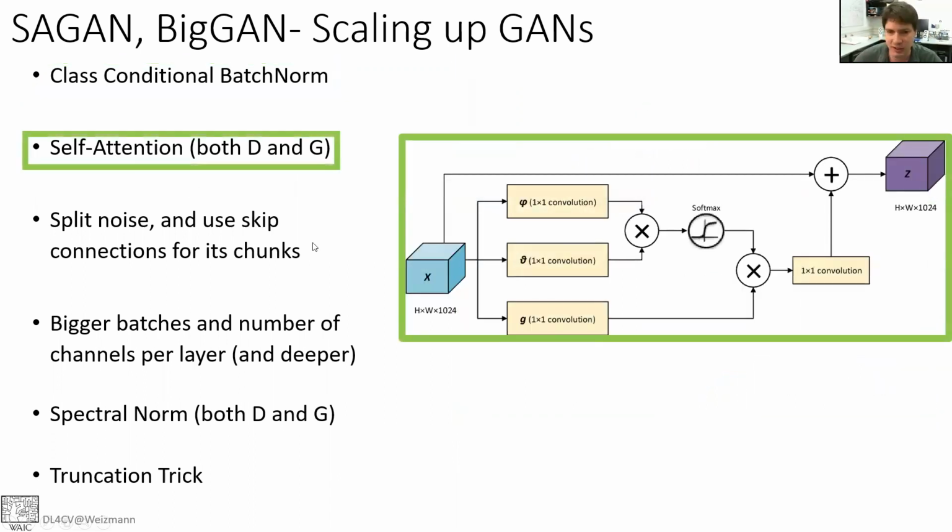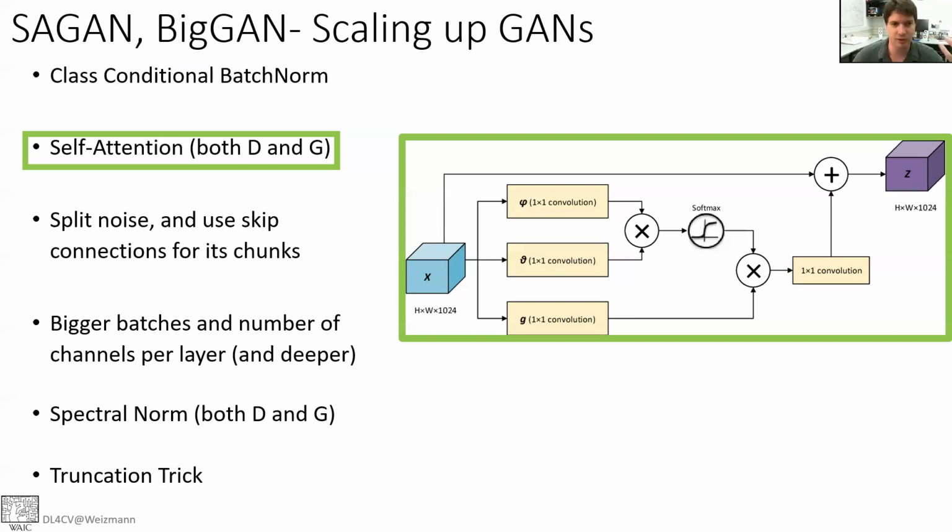You're all familiar with self-attention from the previous classes, and using self-attention in such GANs was extremely helpful because you have this connection between different places inside a single image.